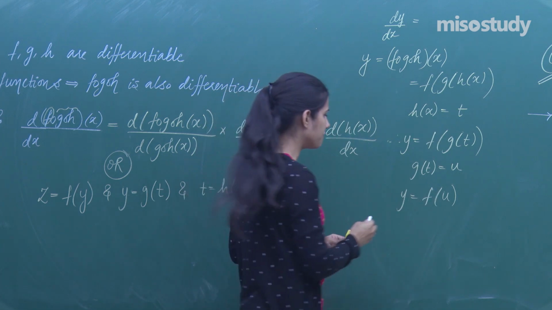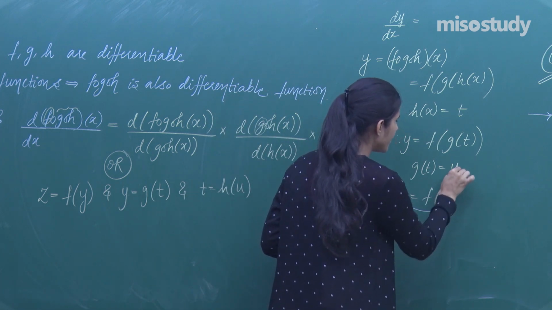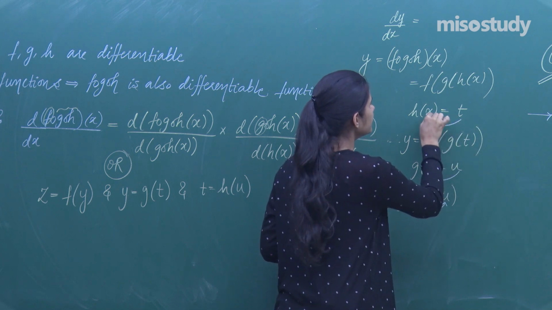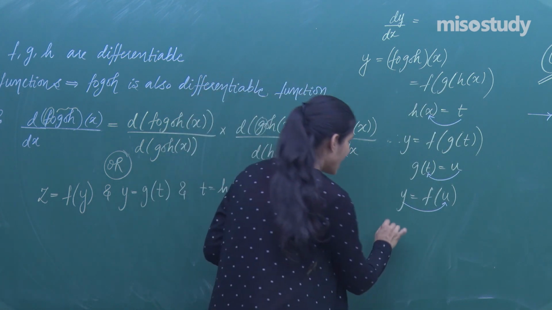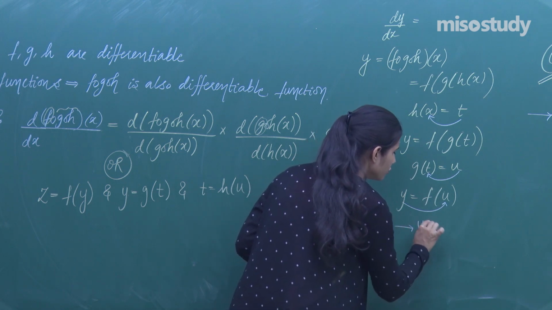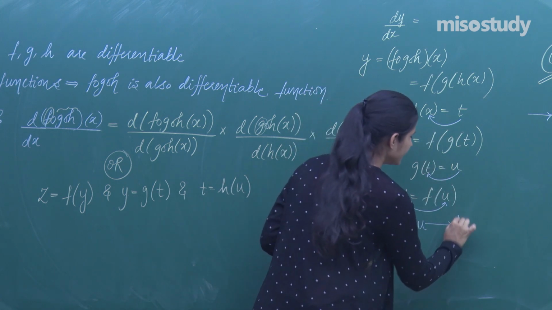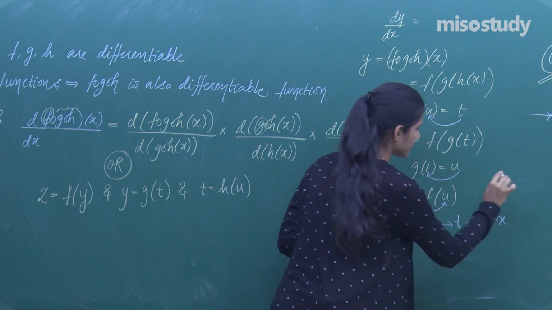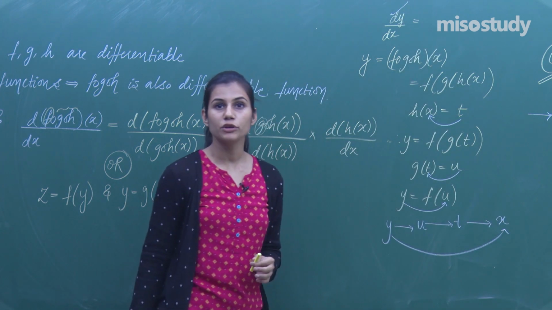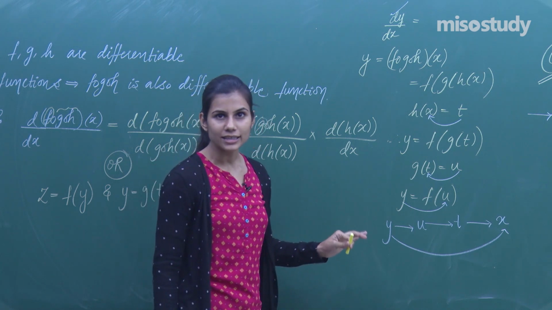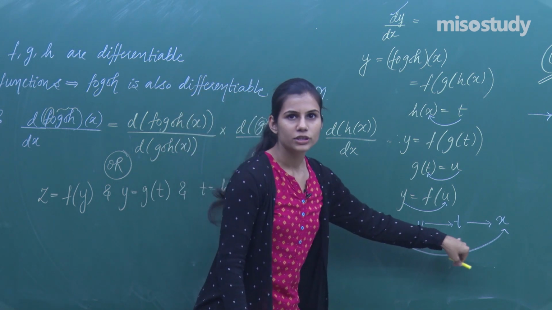So what is it that I have? y is a function of u, where u is a function of t, where t is a function of x. Isn't that amazing? I am interested in computing the derivative of y with respect to x. How would you do that? Just follow the chain.